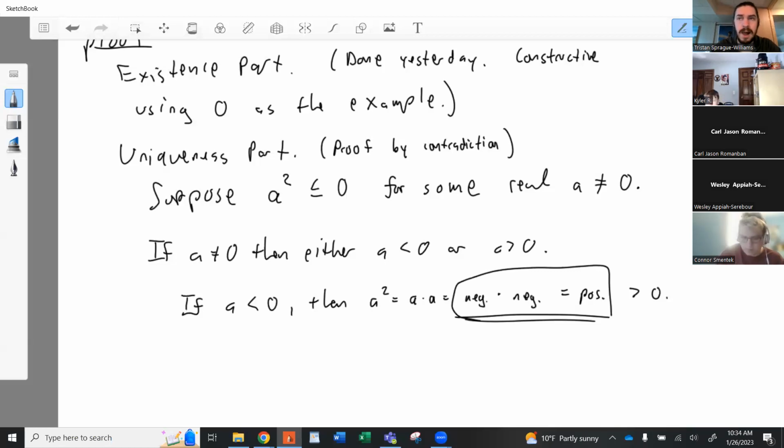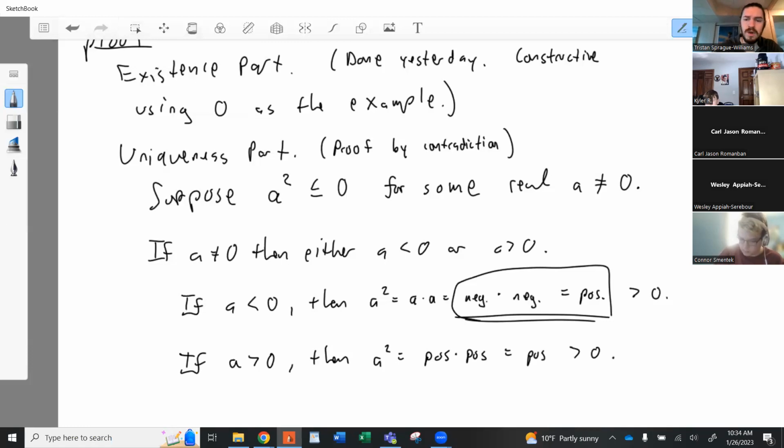I'm being a little informal here, but this is one of those cases where I want to appeal to something we learned about arithmetic a long time ago that we're going to take for granted. We're going to take it as given that a negative times a negative number is a positive number. And then of course, if a is positive, then a squared is positive times positive, which also equals positive.